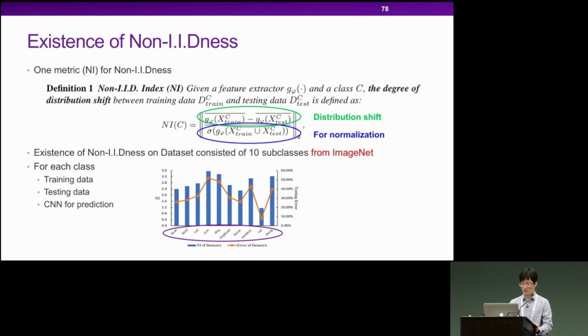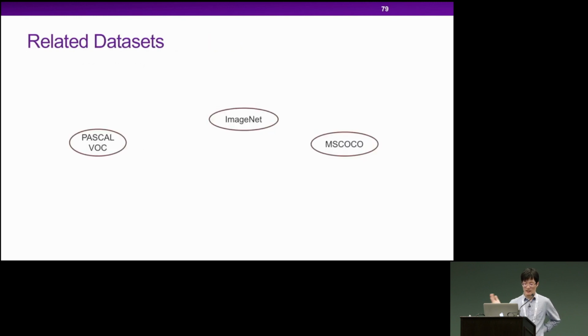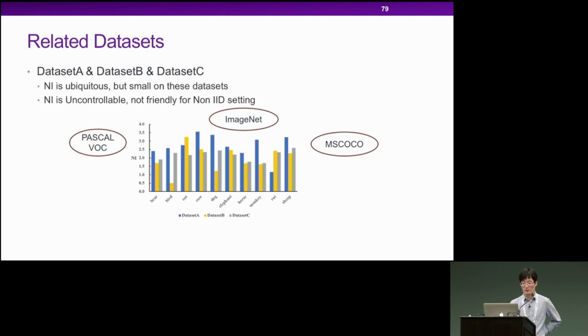So that's the finding. The problem is the existing data sets, including Pascal, ImageNet, and MS COCO. You can calculate their NI in different categories, and you will find that in all of these data sets, if you do some random sampling, the NI is quite small, and the NI is uncontrollable.